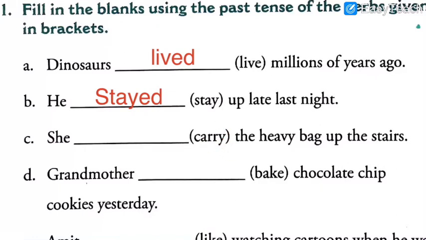So carry will become carried, C-A-R-R-I-E-D. That is the difference between these two. Here both the verbs were ending with Y. But in the B sentence, before Y, A was there, and in the C sentence, before Y, R was there. That is why this difference is there.